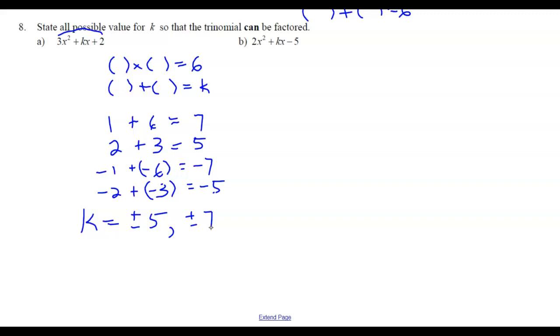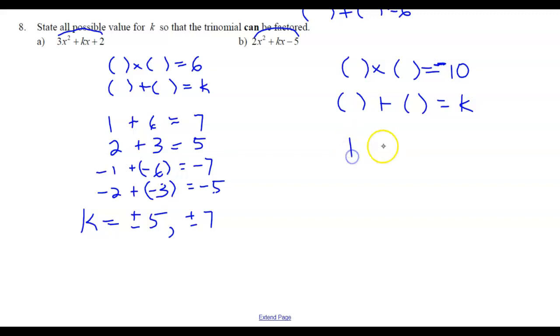So, same thing for the next one. Two numbers that multiply to negative 5. Now they're multiplying to a negative and adding to k. Oh, I've missed the negative there. Okay, multiply to negative 10. So that means we could have 1 and negative 10 and negative 1 and positive 10, right?